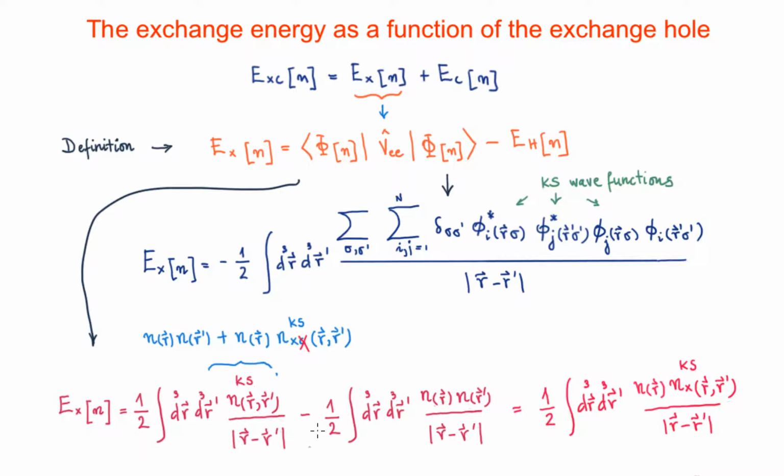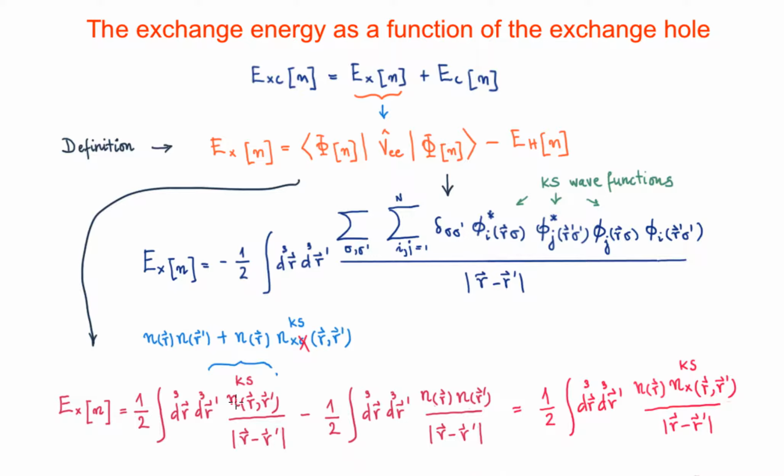So this is basically the first contribution. And then we have minus the Hartree energy, which is just the classical energy for this charge distribution, which is this expression here.